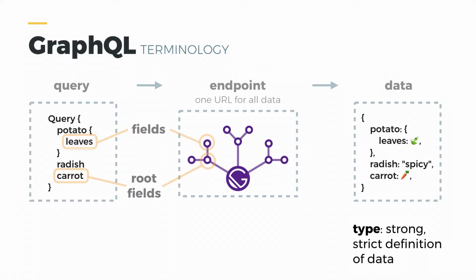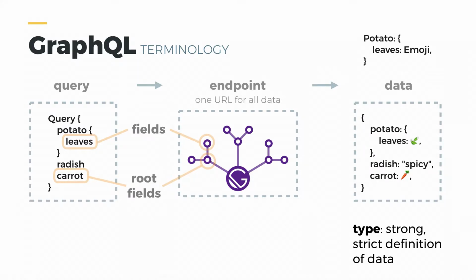Now let's look at the data that comes back. It looks like generic JavaScript objects, but that potato is not a regular JavaScript object. It is a Potato, capital P, object. It is strongly typed data. GraphQL returns strongly typed data. All that means is that you can't just arbitrarily stuff new things into our potato object.